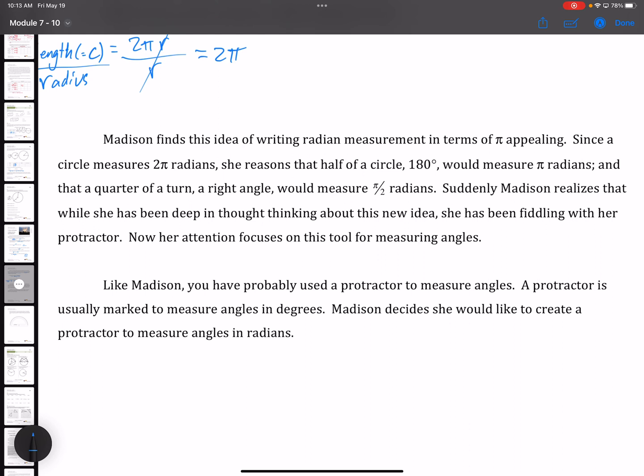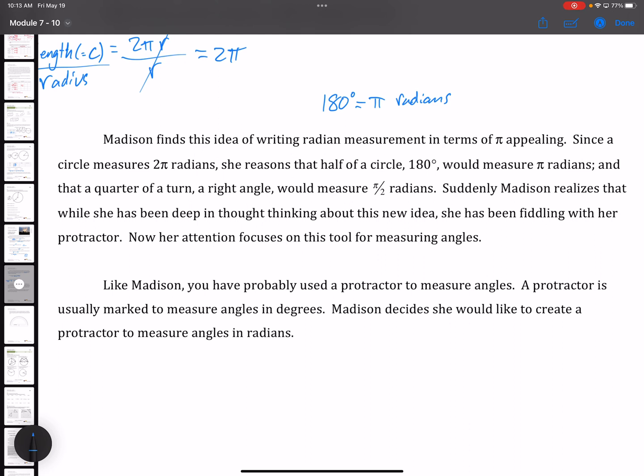Since a circle measures 2 pi radians, she reasons that half of a circle, 180 degrees, would measure pi radians and that a quarter of a turn, a right angle, would measure pi over 2 radians. Suddenly, Madison realizes that while she has been deep in thought thinking about this new idea, she has been fiddling with her protractor.